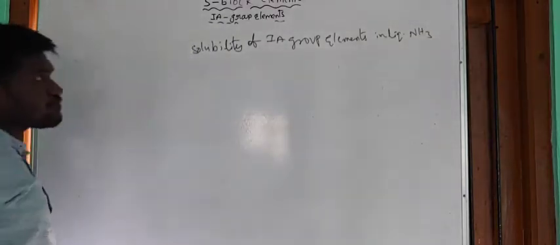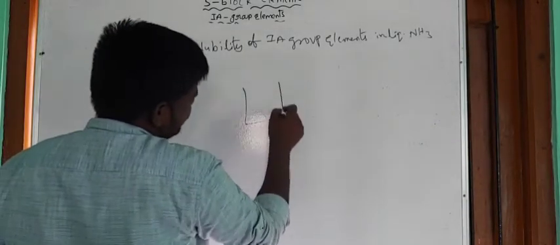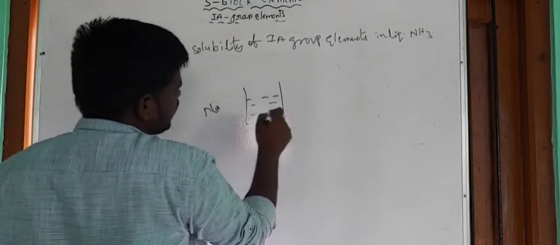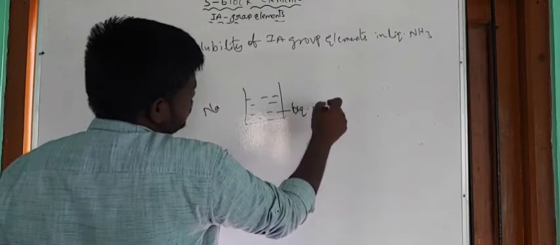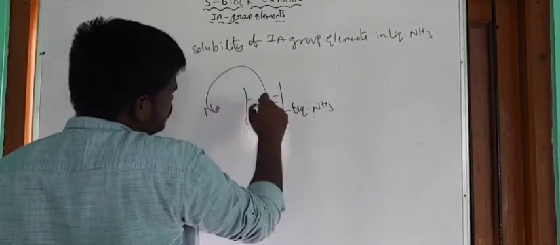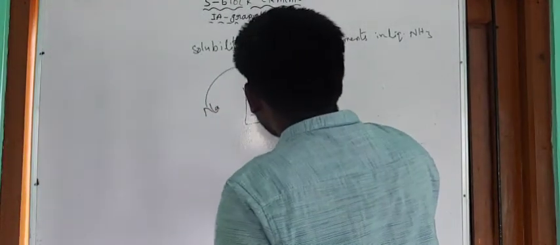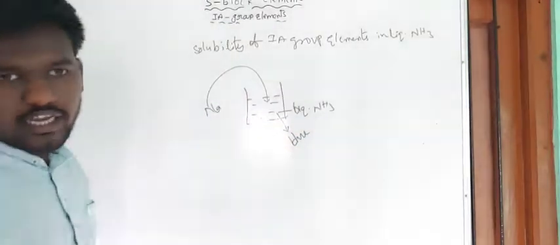So now, any one of the elements you can take; I am taking sodium, and this is liquid ammonia. Now when you add sodium to this, it turns blue in color.